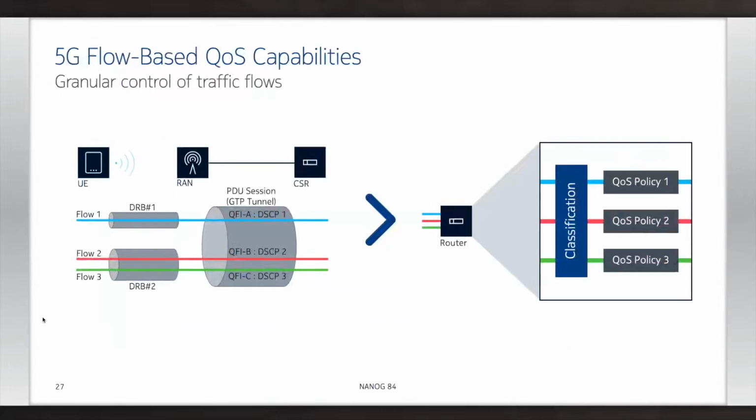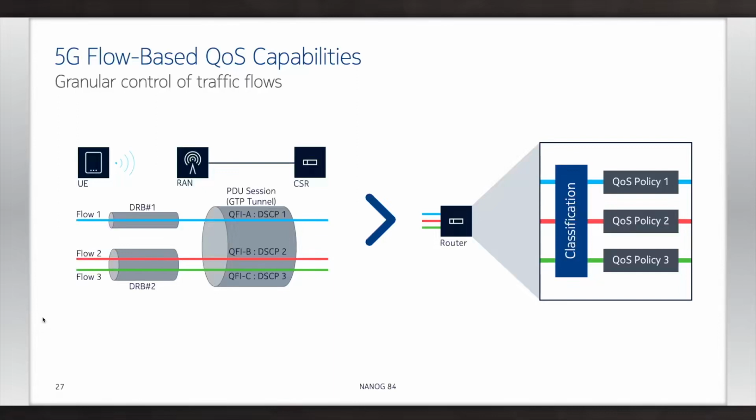And last topic, last but not least, QoS, very important. I've been talking about how you can provide an SLA. So how does that SLA work? In this case, 5G is a little bit better than 4G because 4G only allowed us to prioritize the GTP tunnel. So every flow inside that tunnel, regardless if it's Netflix or Facebook or WhatsApp or whatever application you're using, they all get the same priority.